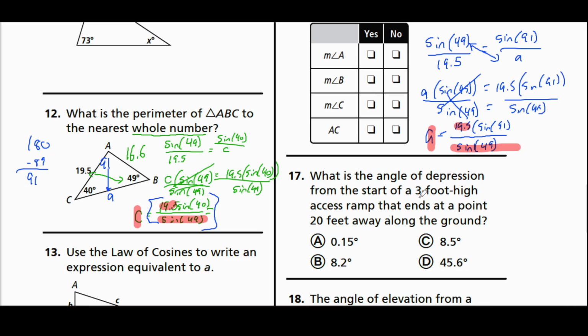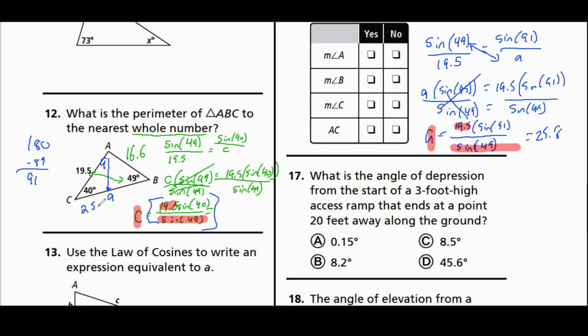So now let's put this in. I have 91 sine times 19.5. It equals, and I'm seeing 19.49703006. I've done everything in my numerator, so I'm going to hit divided by 49 sine and equals, and I get 25.8. Let me change off of my highlighter. All of this is equal to 25.8.